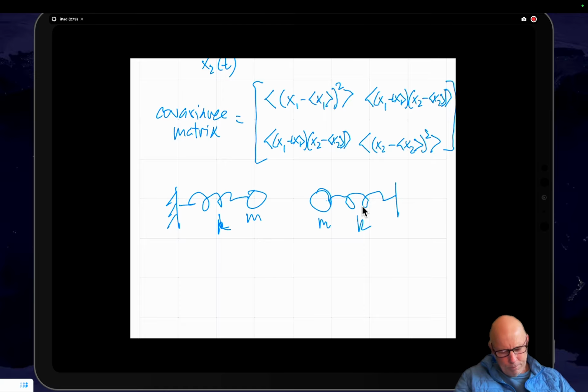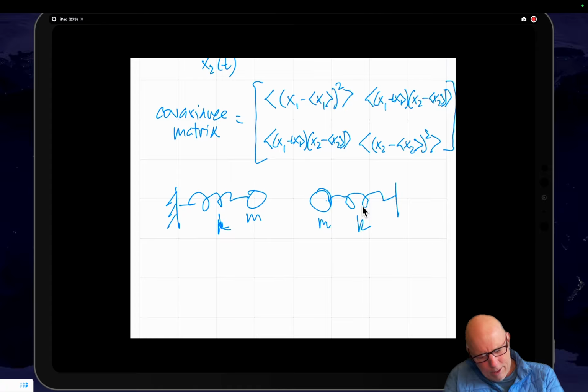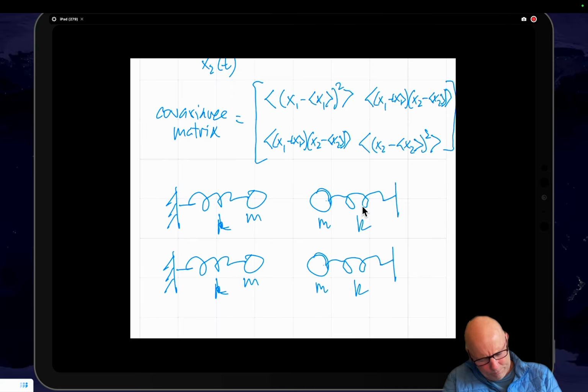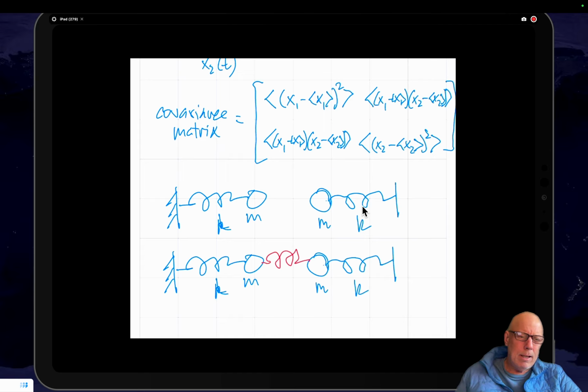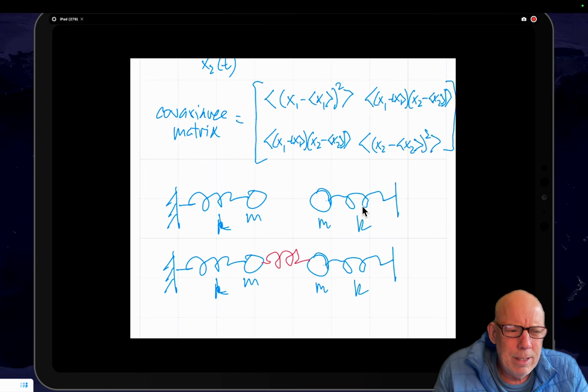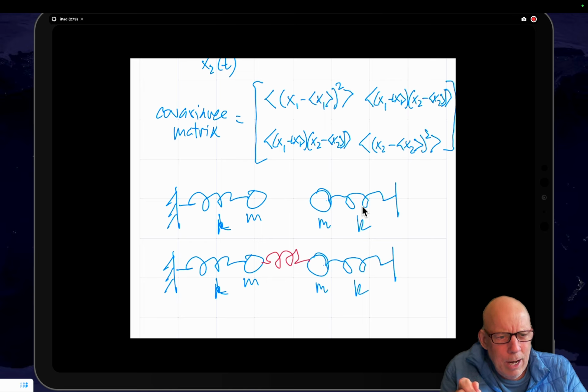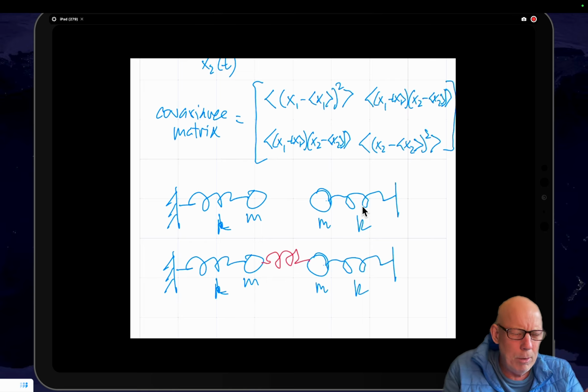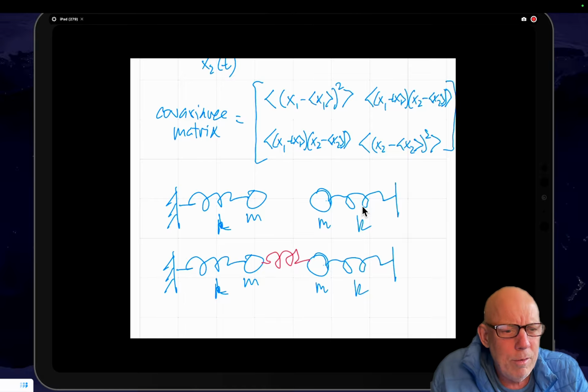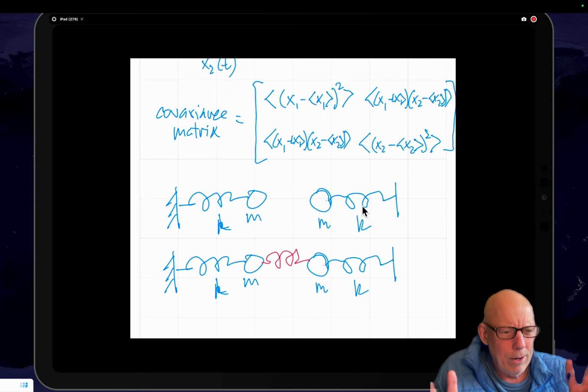But if I now replace this situation with this situation, and I permit myself to add in this spring, then it should be, to me, very clear that x1 and x2 are going to exhibit correlated motion, meaning that if I jiggle x1, I'm guaranteed to produce a motion in x2, and therefore this covariance matrix will fire, if you'll let me say it that way.